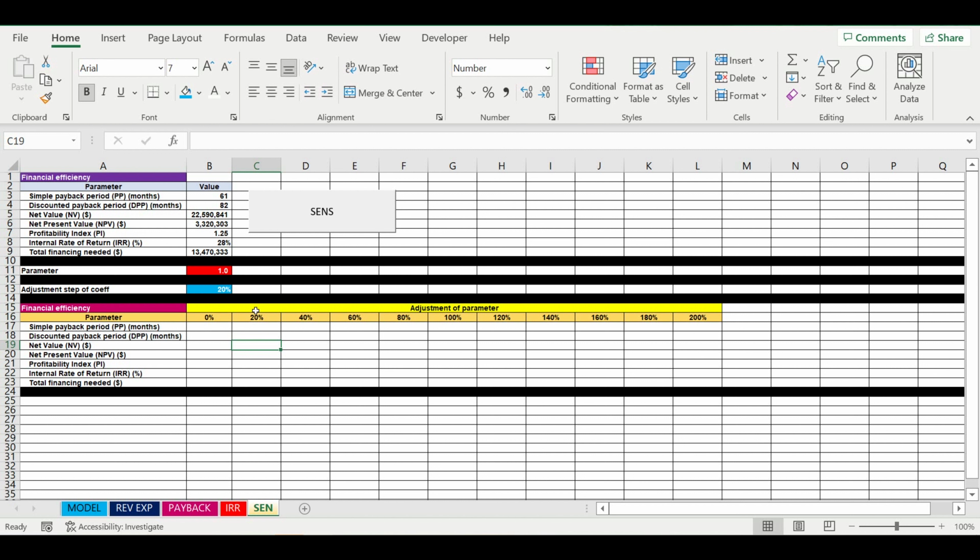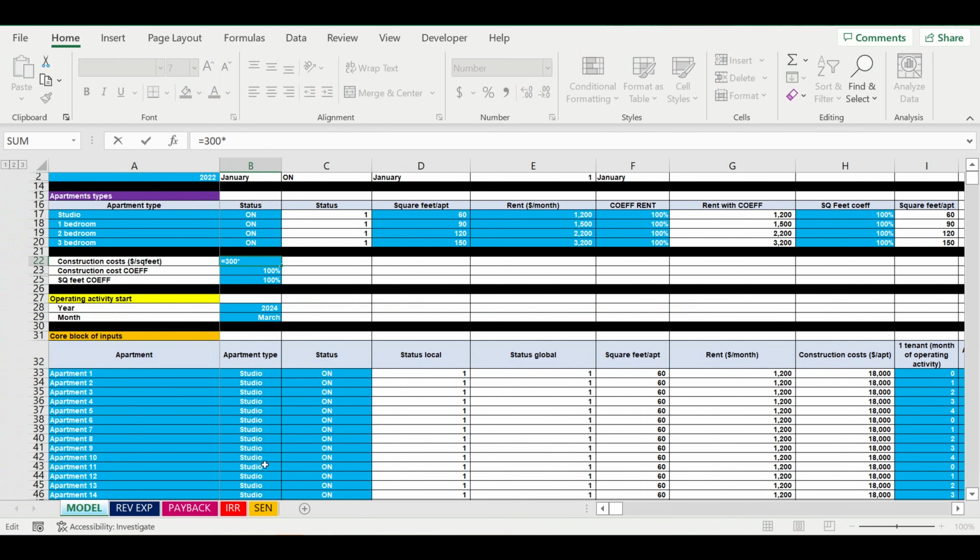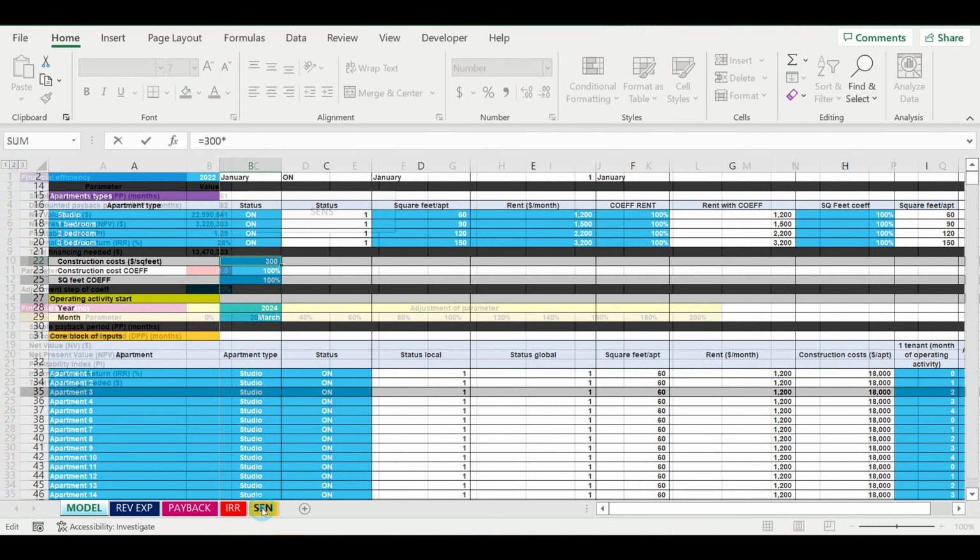For example, we can add a parameter to construction costs. We just take equals, multiply, then take this coefficient and add it.